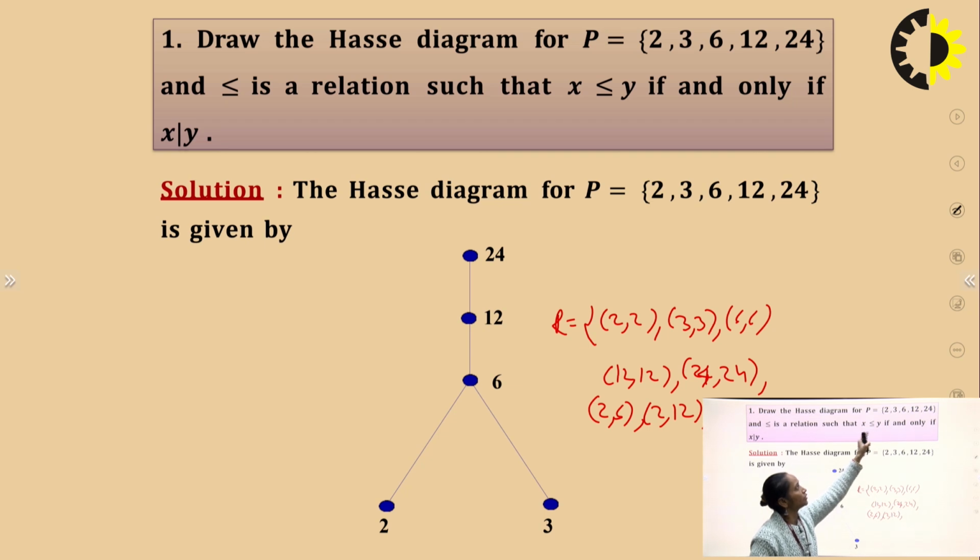We will not take (2,3). Again (2,12), because 2 can divide 24, 2 can divide 6, 2 can divide 12. Next is (3,6). Yes, 3 can divide 6. Again (3,12). Yes, 3 can divide 12. Next (3,24).